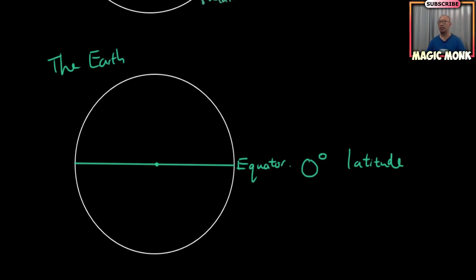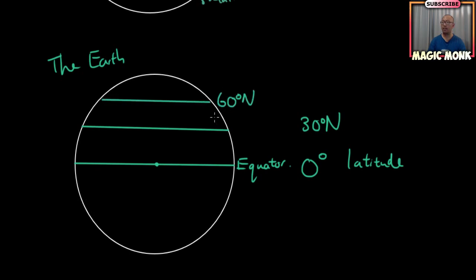Actually I'm just going to go 0, 30 degrees north, 60 degrees north, and then 90 degrees will be right at the top.